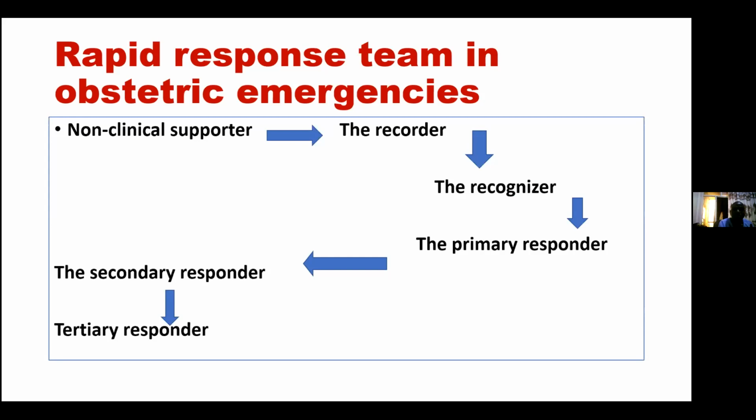Then you go to the primary responder, who can act on any emergency, and then you report to someone with an advanced level of knowledge, and then to the tertiary responder, who will come at the end with definitive management. Next slide.